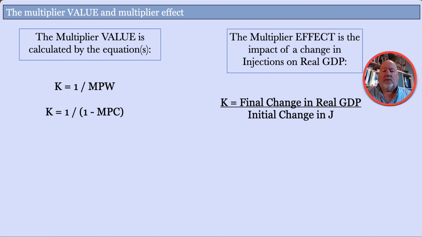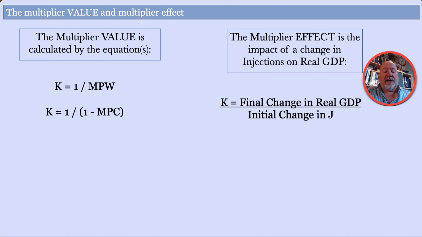If K is 4, it multiplies up by 4, so a £10 million increase in injections leads to a £40 million increase in real GDP, and that's the multiplier effect. So the value is given here, but the effect is given over here, okay? So these two things are equal.